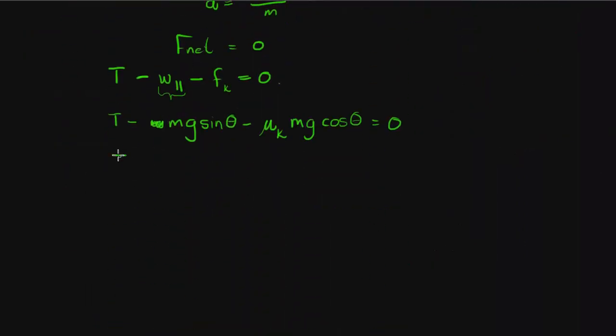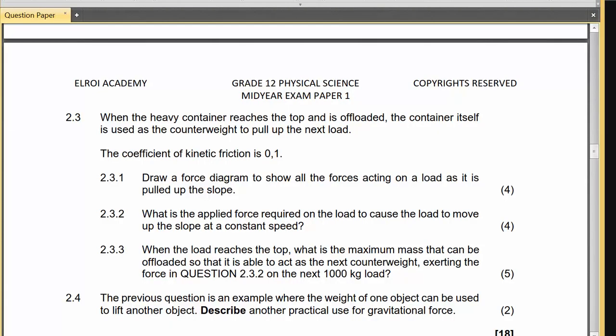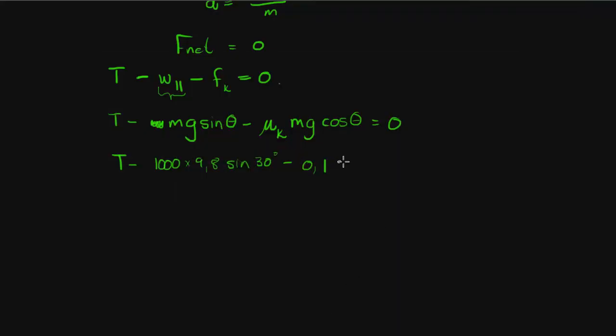So I say T is mass 1,000 times 9,8 times sine of 30 degrees minus mu, which was 0,1. Let me just confirm that. 0,1, yes, times 9,8 times 1,000 mass, sorry, that should be turned around, times cos of 30 degrees.